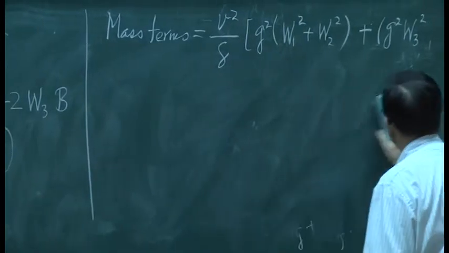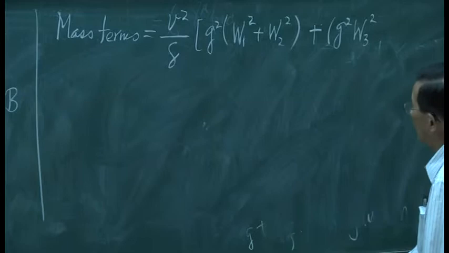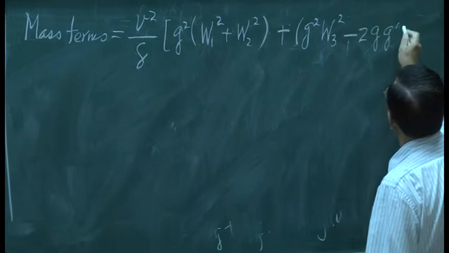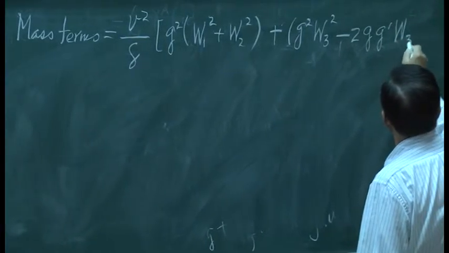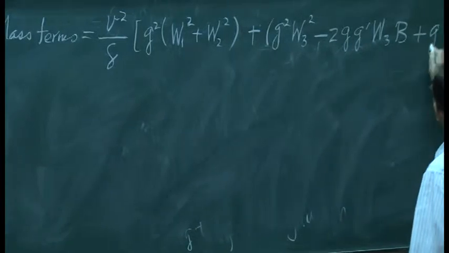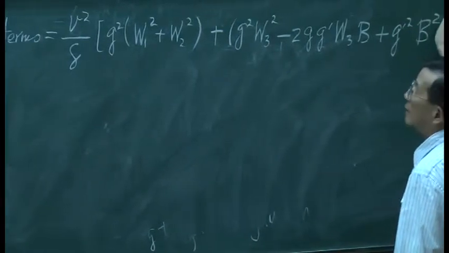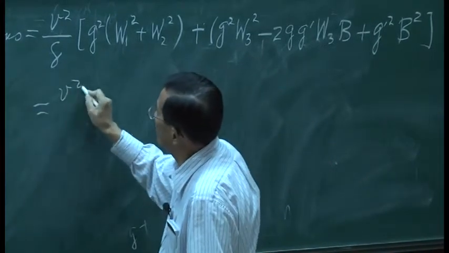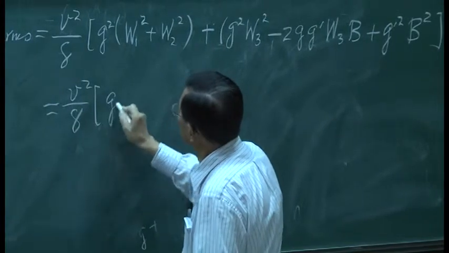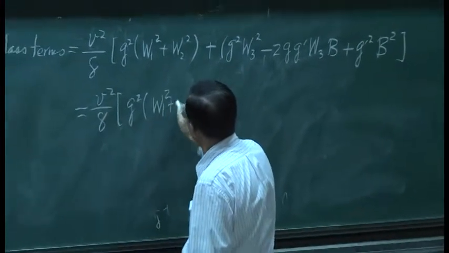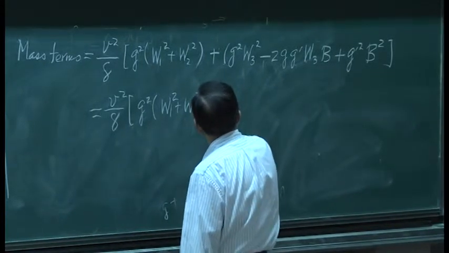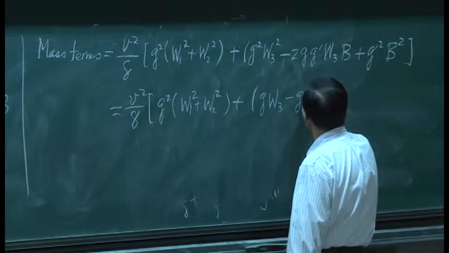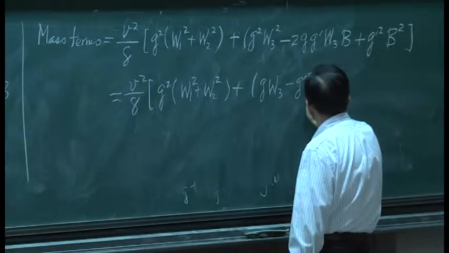And then I have 2 g prime W3 B, and then I have g prime squared B squared. Okay. So I can write this as v squared over 8, g squared (W1 squared plus W2 squared), and here is (g W3 minus g prime B) squared.